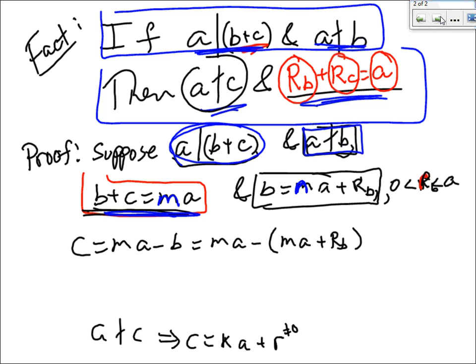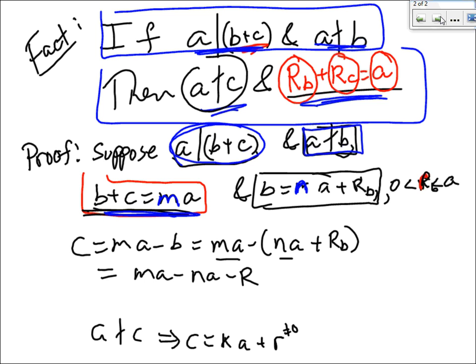I accidentally used the same multiple, M. Let's change it to N. So this is MA minus B, NA plus RB. Well, this is MA minus NA minus RB, which, grouping the first two, is M minus N times A minus RB.